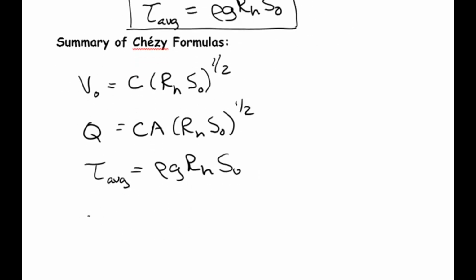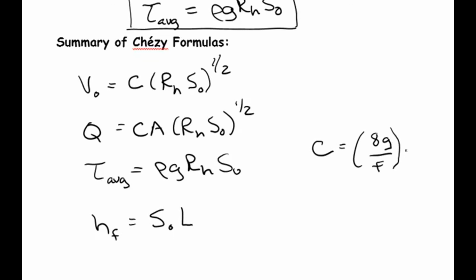And we also had that our h_f, if we want this in head form, is S_O L. All right. Also, this C value here is equal to the square root of 8g over f. Okay. That's it.